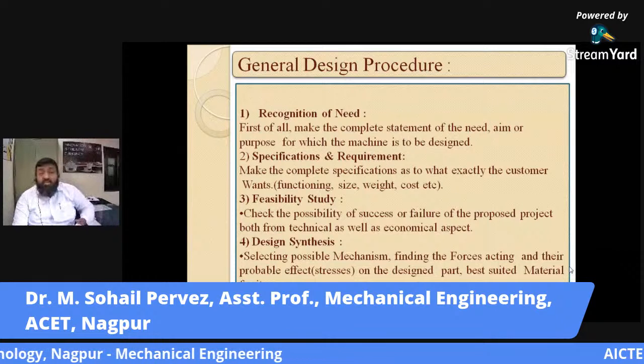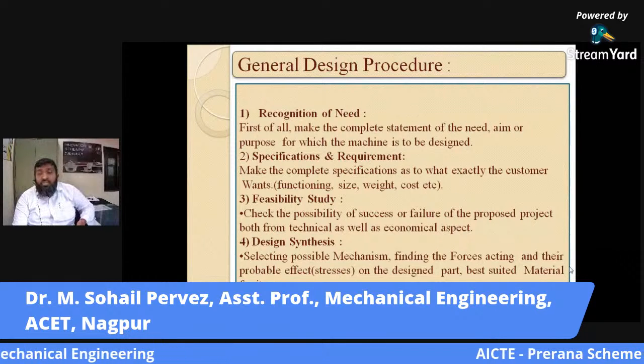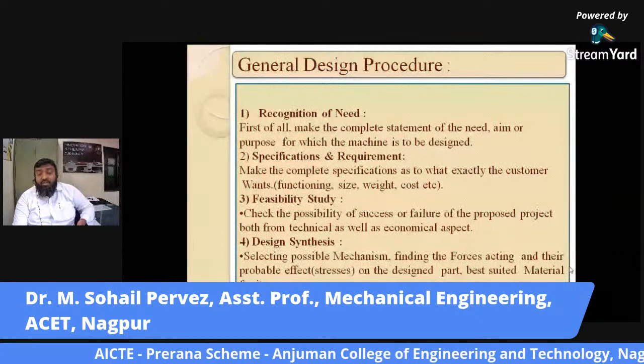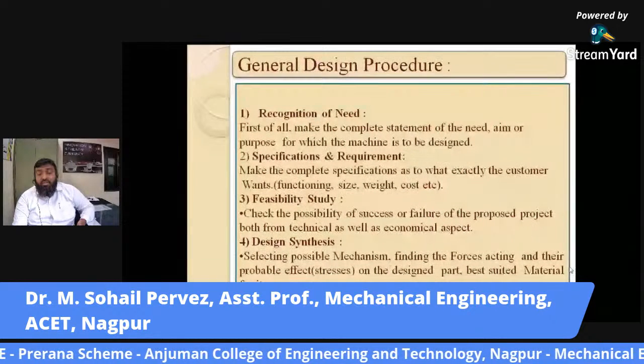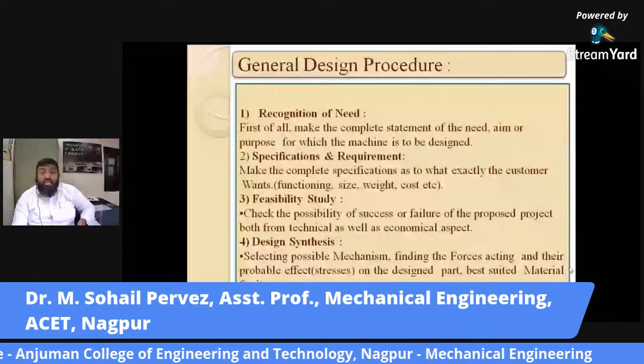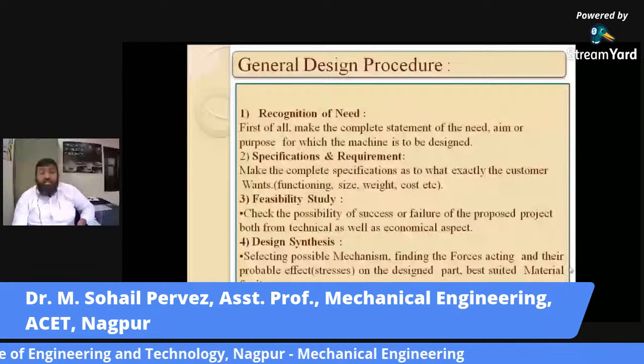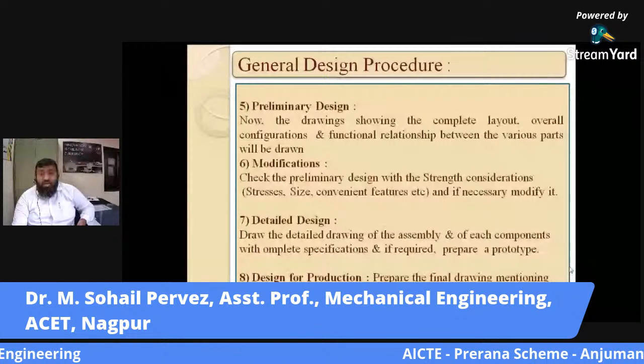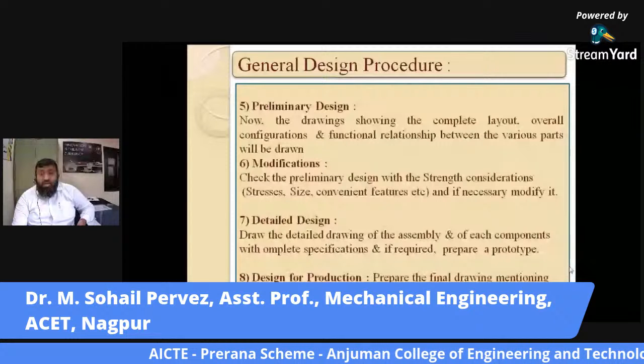Now, selecting possible mechanism, finding the forces acting and their probable effect on the design part, best suited material selection for that. Next, we'll go for preliminary design, wherein drawings will be drawn, layout and overall configuration and functional relationship between various parts will be drawn. Modification, if at all required.